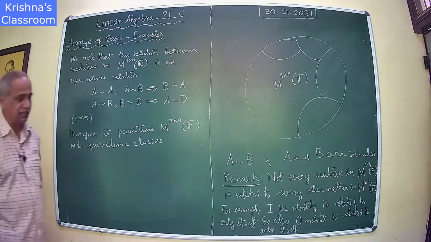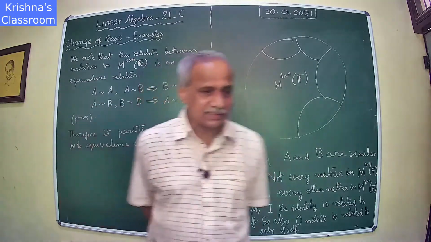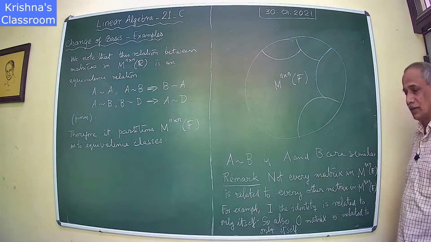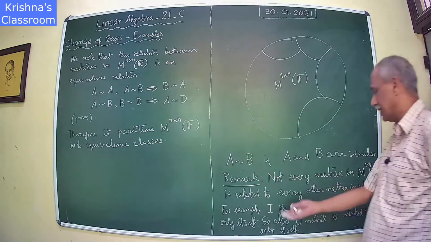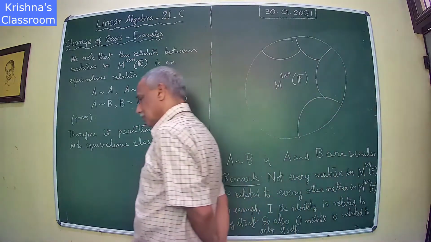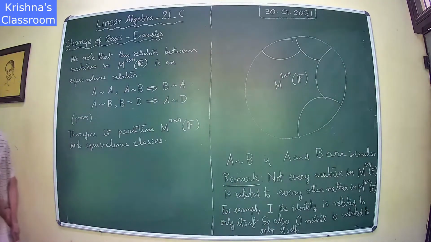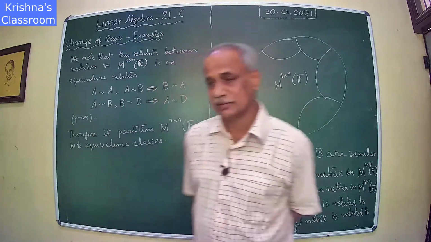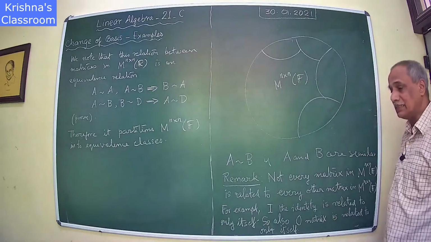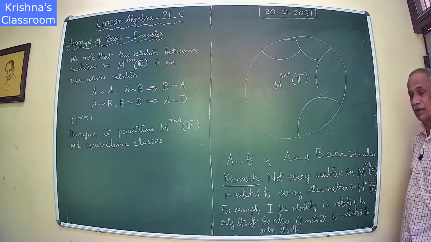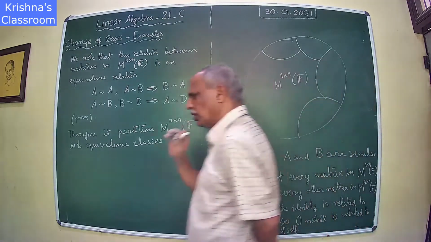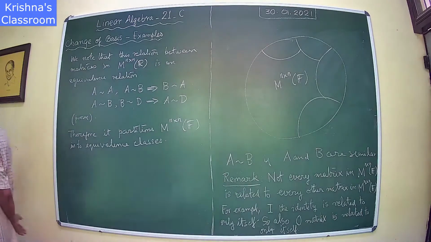Let me first talk about the disadvantage. The disadvantage is that for a given linear transformation on V, except in some cases like the identity operator or zero operator, you do not have a unique choice of a representing matrix. The advantage that you have is that for every linear transformation other than I and 0, you have plenty of choice for representing it.